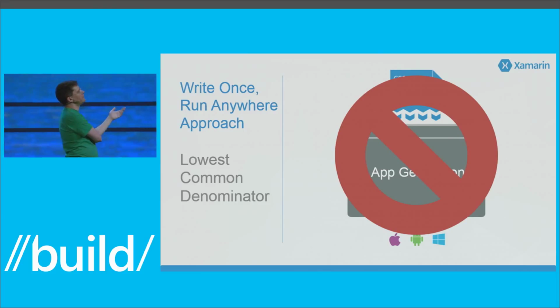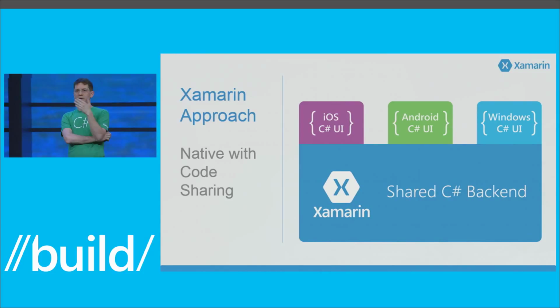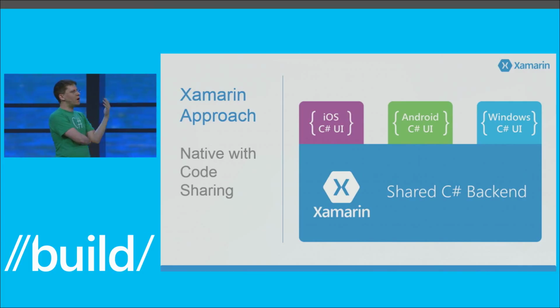Our approach, on the other hand, is one where you actually have to compete. You're going to compete on quality, and you're going to compete on user experience. The way we approach this is that you architect your application so that all of the code you could share across platforms, like accessing a web service, storage, data synchronization, and your business logic, goes into a shared library.